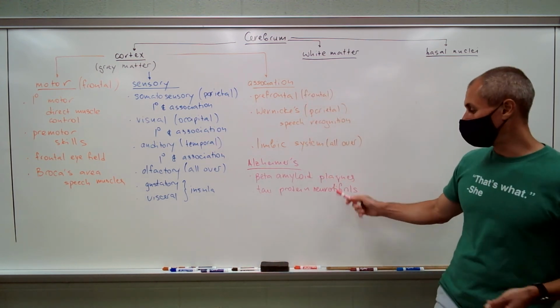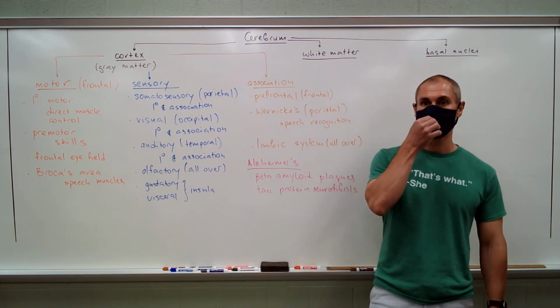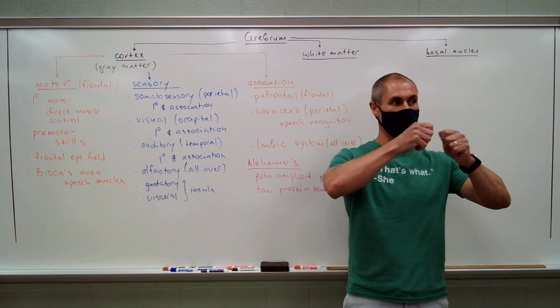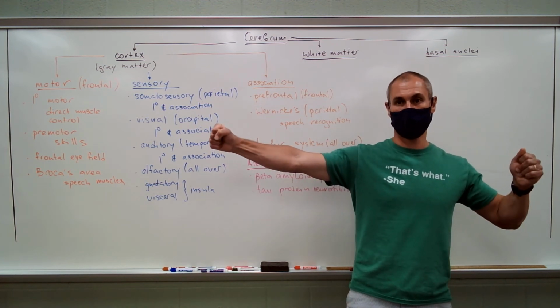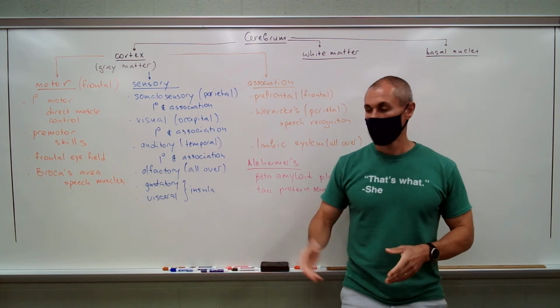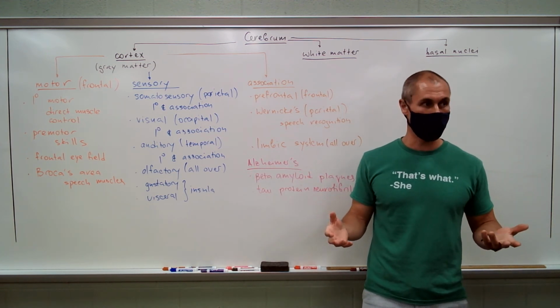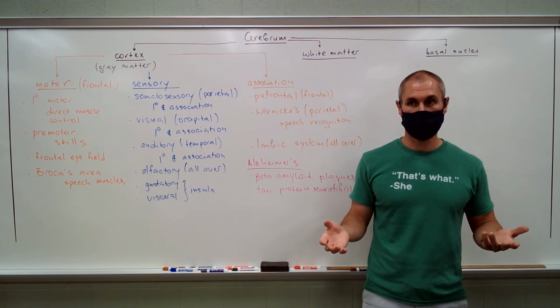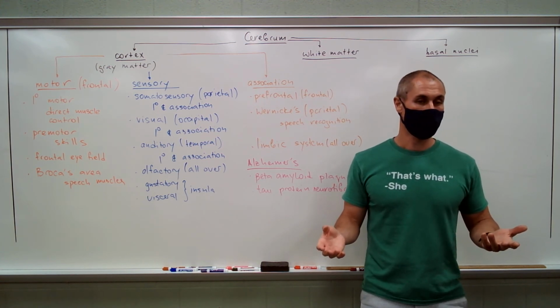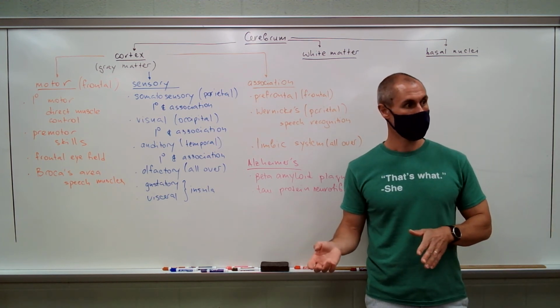These structures, plaques and neurofibrils, are not supposed to be there. Plaques are like blobs. Neurofibrils are really long, tangled fibers. Are you with me? They mess up the structure of your brain. They mess up the connections between the neurons. Does that make sense? So usually it manifests mostly as dementia.